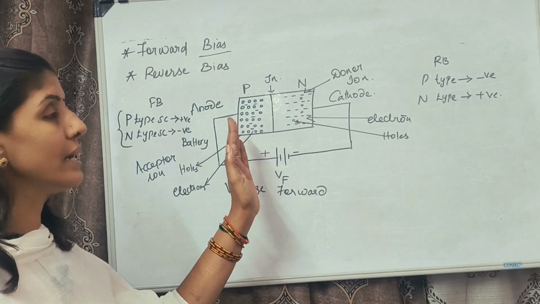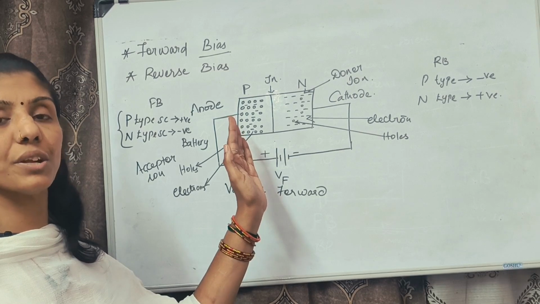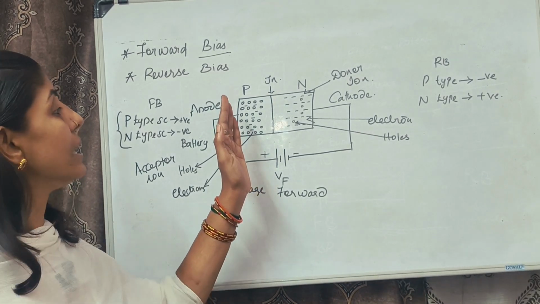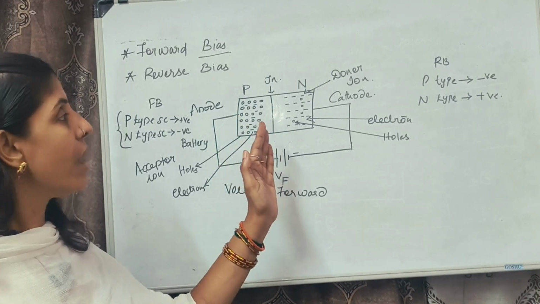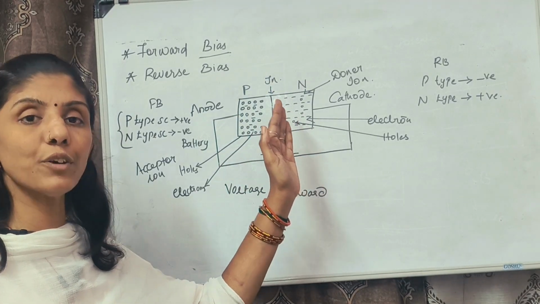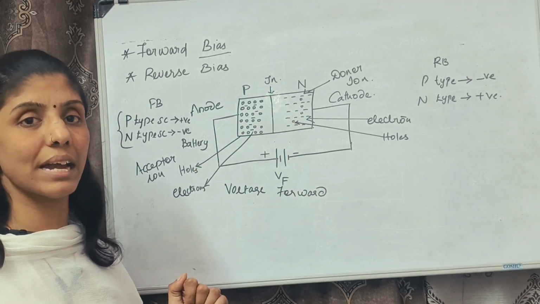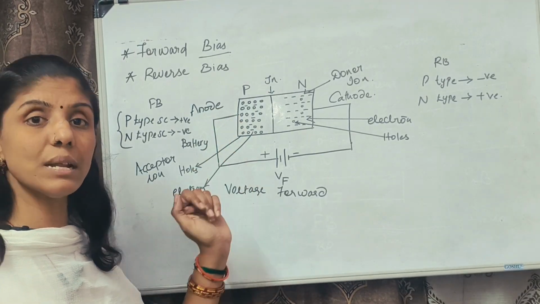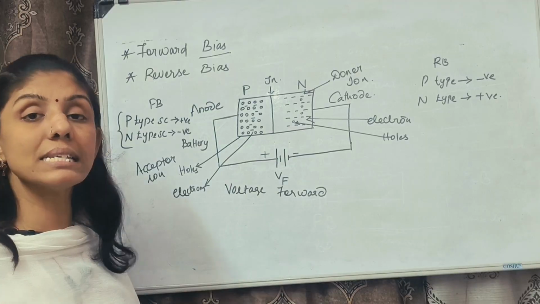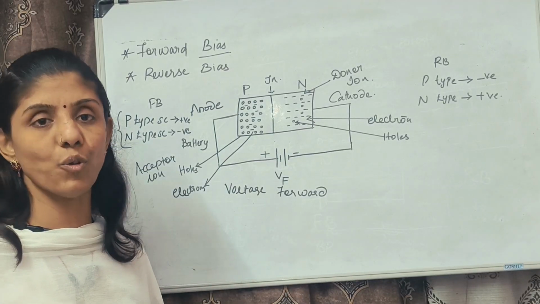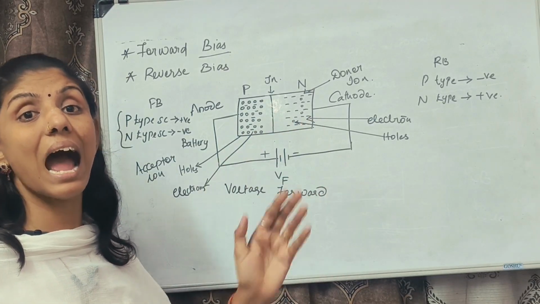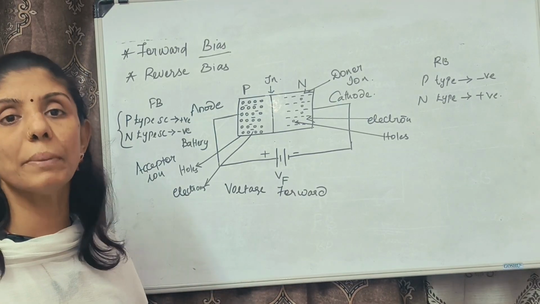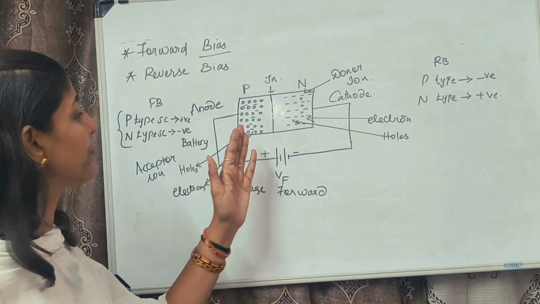That means there is a concentration gradient of holes in the p-type and a concentration gradient of electrons on the n side. The p side has fewer electrons and the n side has fewer holes, so this is in a non-equilibrium condition.